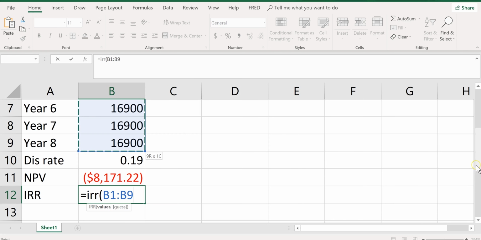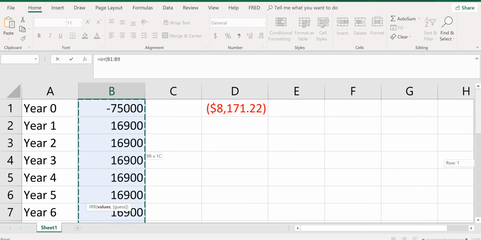But in this case, we know that there is only one IRR because if you have learned, which you should, Finance 505. Actually, this is Finance 505.